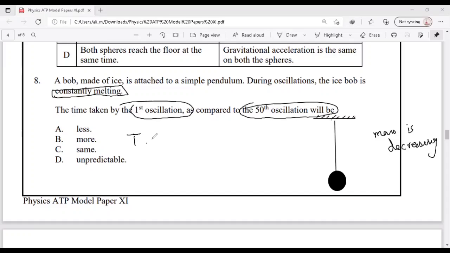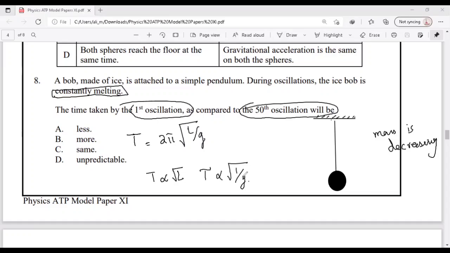The formula is 2π square root of L over g, or simply we can say that the time period is directly proportional to the square root of L and inversely proportional to the square root of g. From this relation, we can see that there is no relation of time period with the mass of the vibrating body.